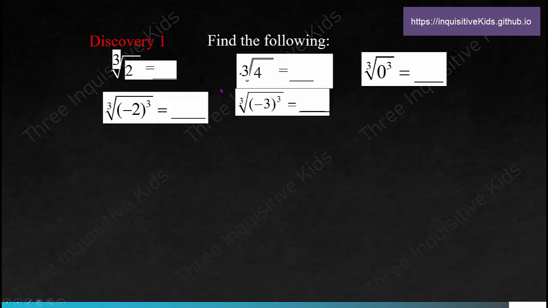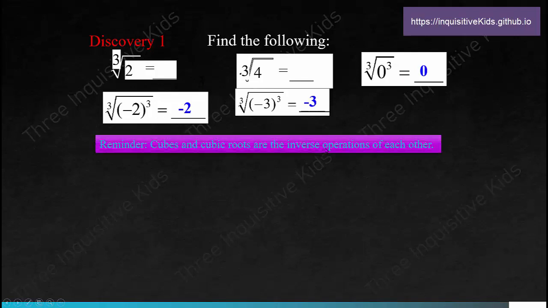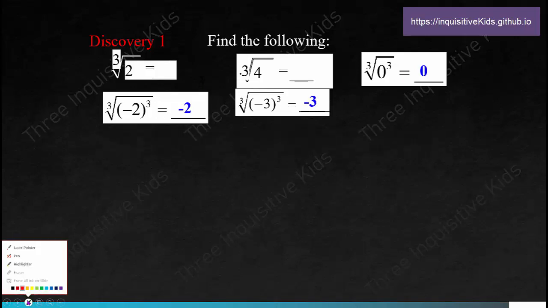So, discovery 1. Find the following and fill in the blanks. Okay, this is the cubic root of 2. This is for 0. Negative 2. Negative 3.